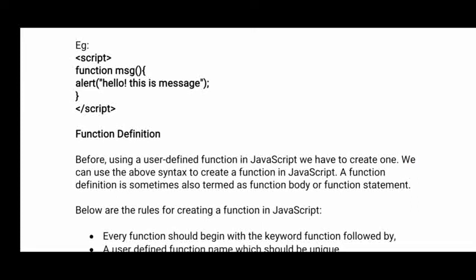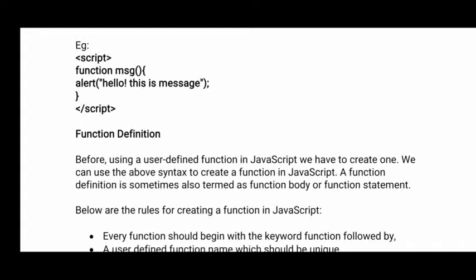Now in the curly braces, there are no parameters, because here I'm only printing the message. I'm not taking any value and not calculating any expression here, so there is no need to give parameters. Only if there is a value do you go for parameters. If there is no value, then you need not go for parameters. Now in the curly braces, you give alert.